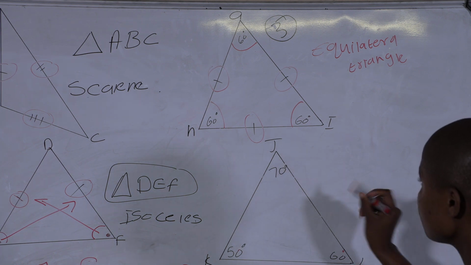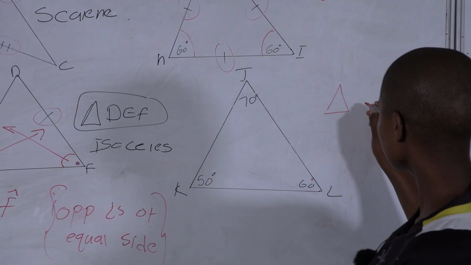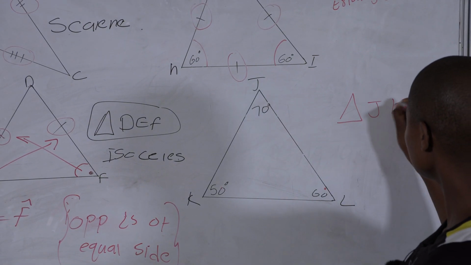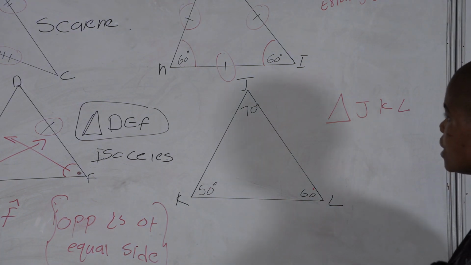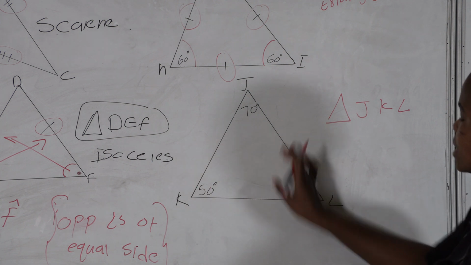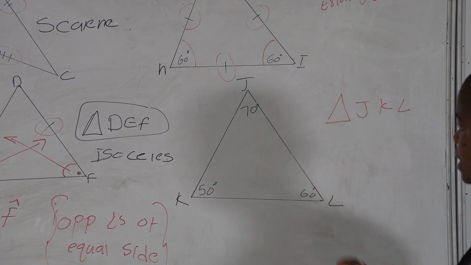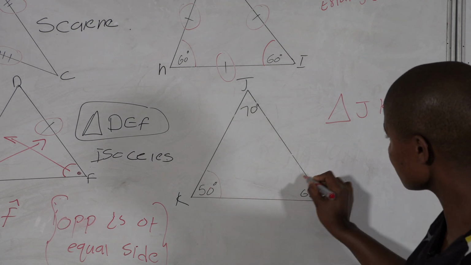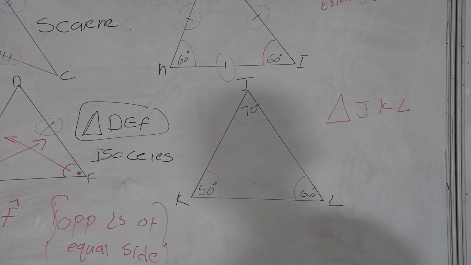And we are moving to the fourth triangle, which is triangle JKL. So this triangle, looking at it, I do not see any sides that are equal. There is no indication of sides that are equal. But inside, I can see angles: 50, 60, and 70.